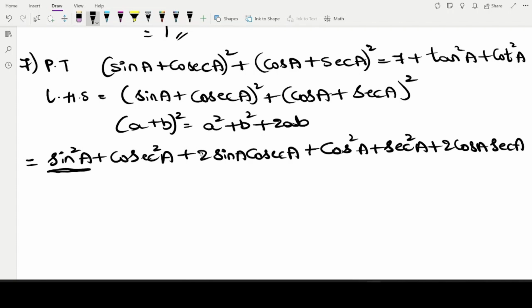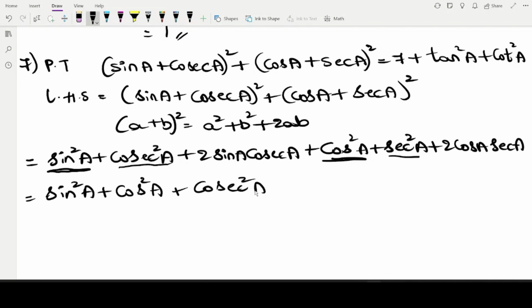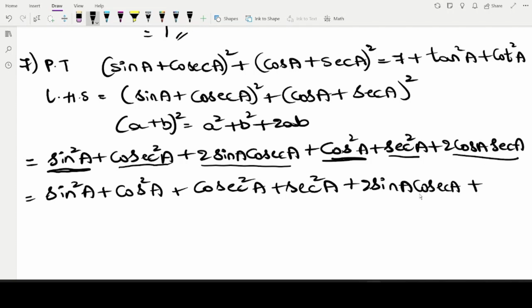Sin square a plus cos square a. Let me write them in an order. So sin square a plus cos square a, and then let me write the other things: cosecant square a plus secant square a, and the rest of the other parts, which is plus 2 sin a cosecant a. Last part is 2 cos a secant a.